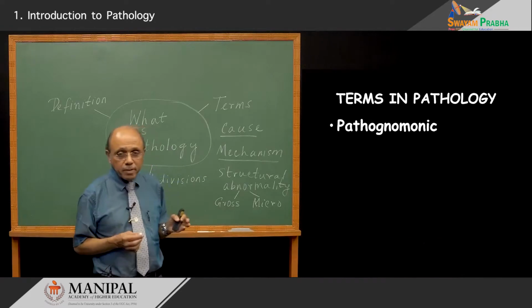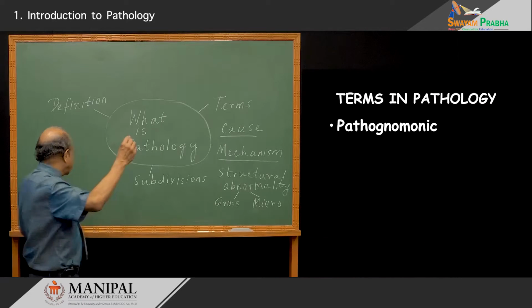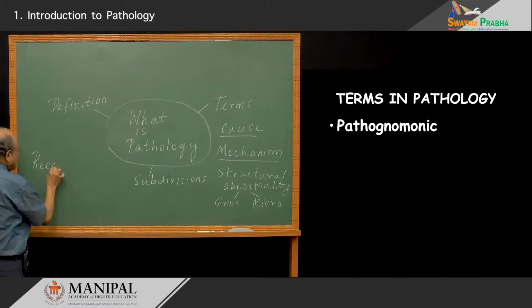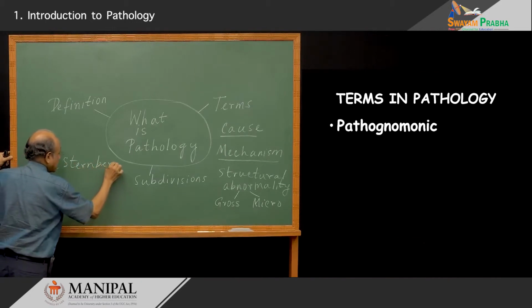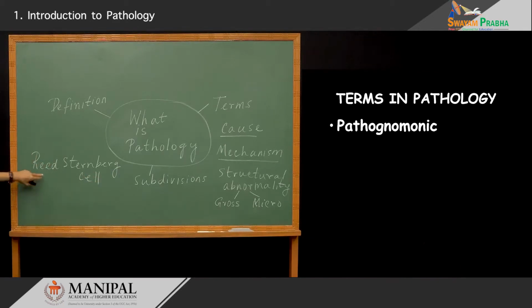For example, when we talk about Reed-Sternberg cell, we say Reed-Sternberg cell is pathognomonic of Hodgkin's disease.